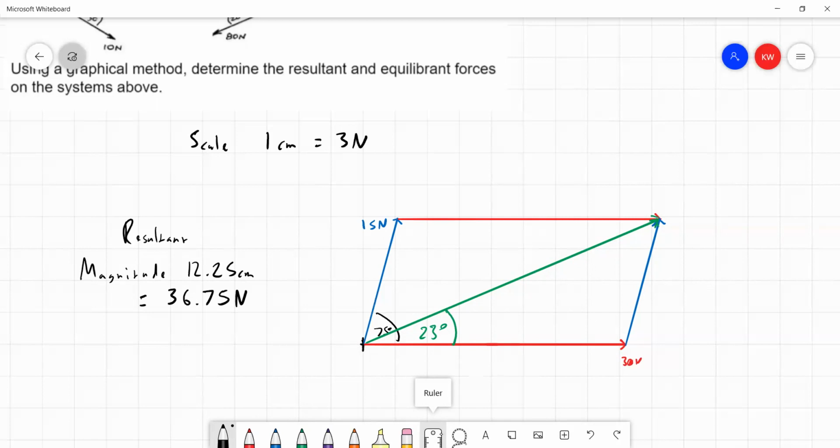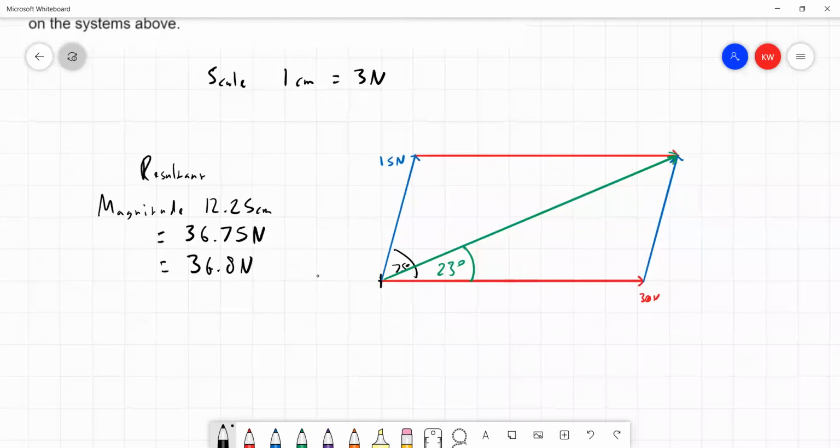So we can probably say with the best we can give it 36.8 newtons. Around that. That's the accuracy we can get. And the direction, of course, we have that ready. A direction up and to the right, an angle of 23 degrees up from the horizontal.